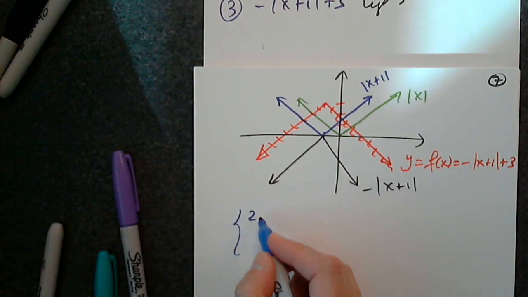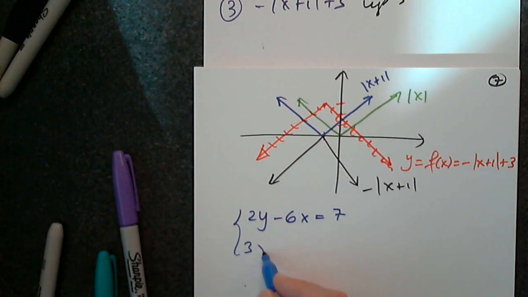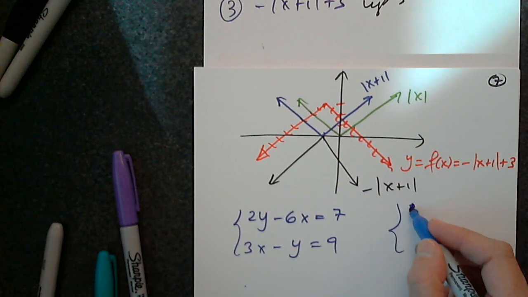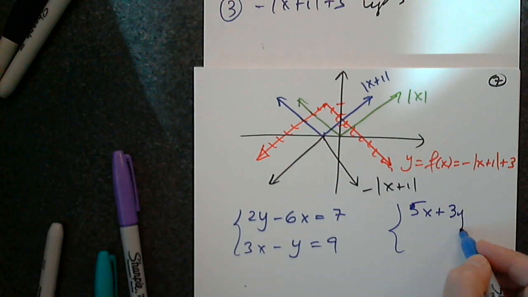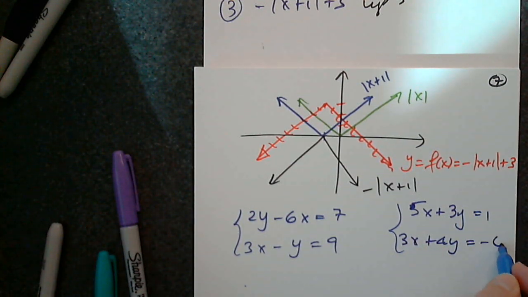I just picked one. 2y minus 6x equals 7, and 3x minus y equals 9. And I also want another one, 2 systems. 5x plus 3y equals 1, and 3x plus 4y equals negative 6.